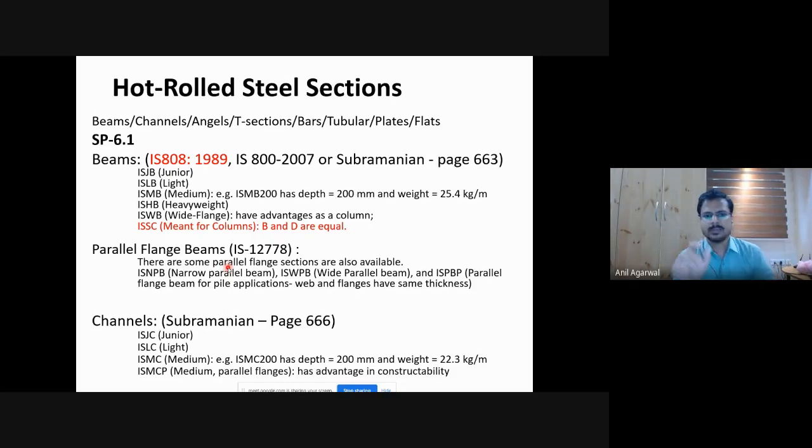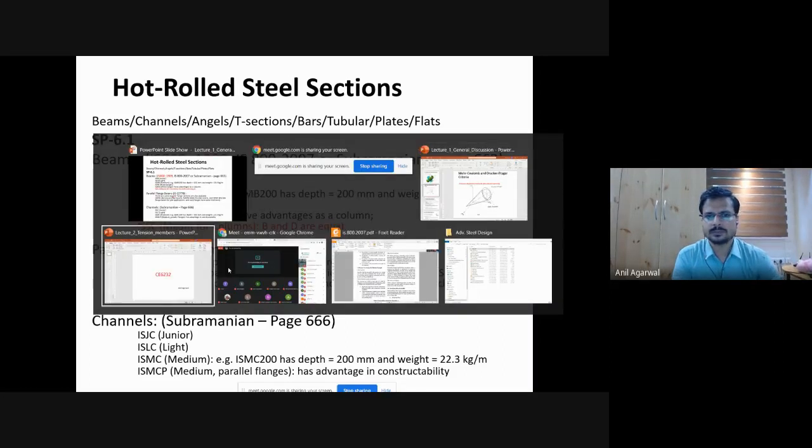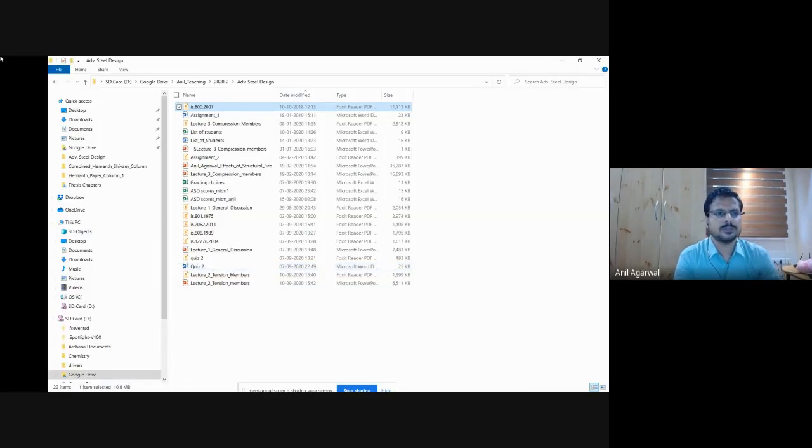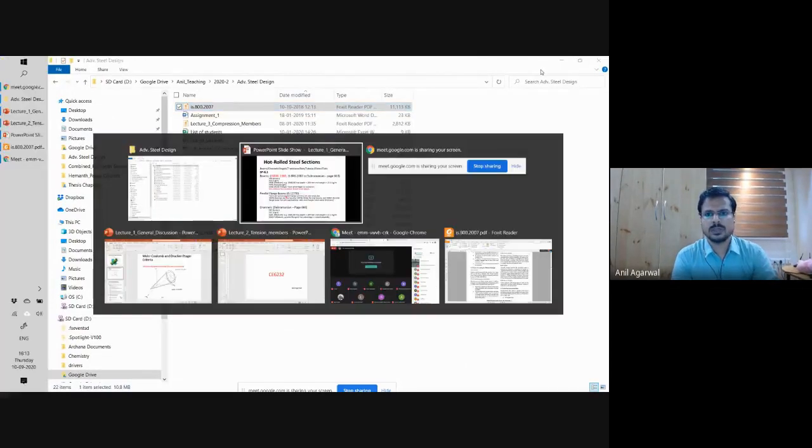Last time I was somewhere here when we stopped. Parallel flange beams have a distinct advantage. I think we were discussing this and we stopped somewhere along the way.